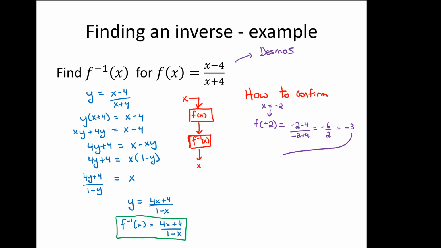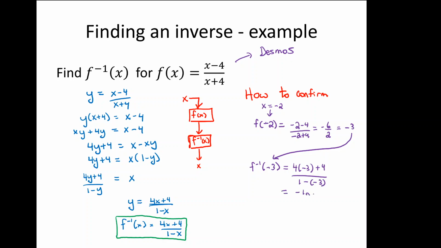Then I'm going to plug that into f inverse. So f inverse of -3, and I want to get -2 back. If I don't get -2 back, then something's wrong with the construction on the left-hand side. So f inverse of -3, that's 4 times -3 plus 4 over 1 minus -3.